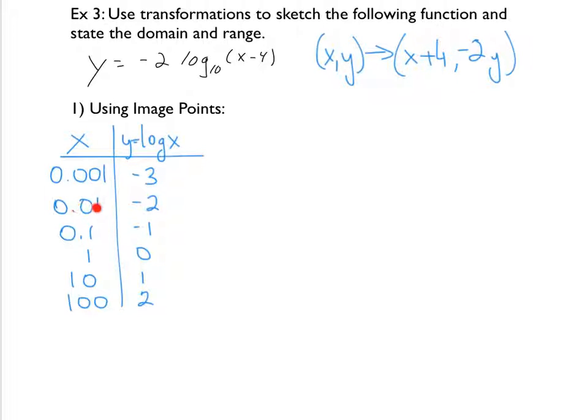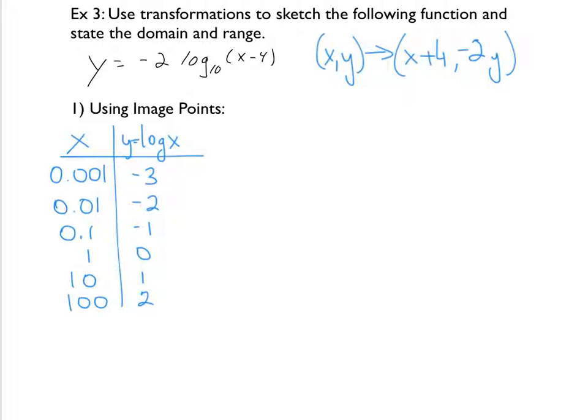This is just 1 over 10 to the power of 2, which is 10 to the negative 2. So that's our exponent. Here, same, it's 1 over 10 to the power of 1. This is just to the power of 0, because anything to the power of 0 is 1. And then 10 to the power of 1, 10 to the power of 2 is 100.